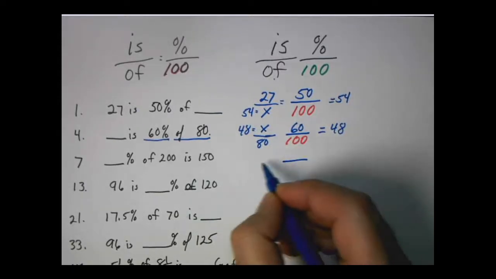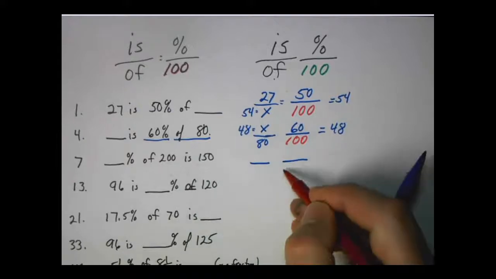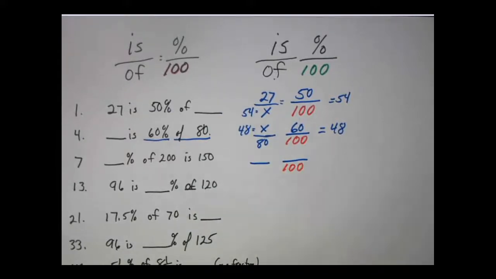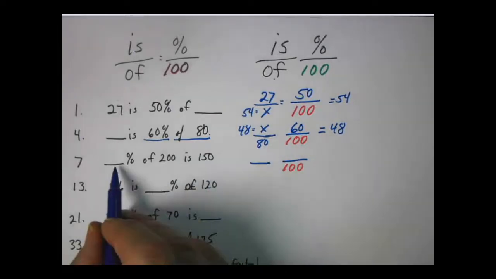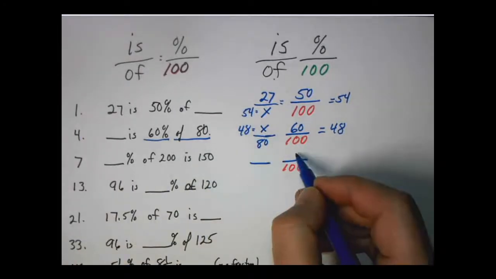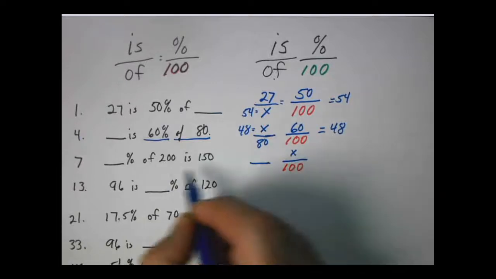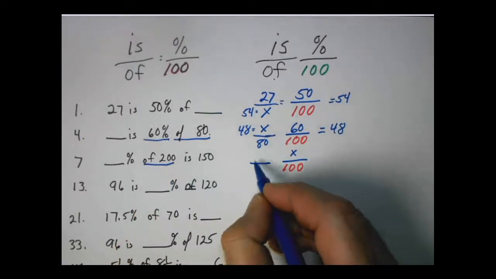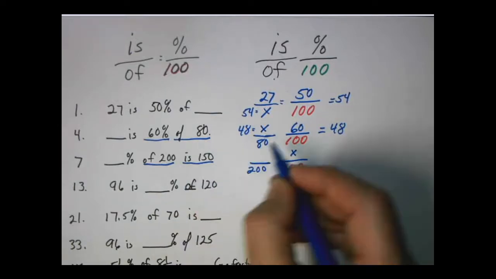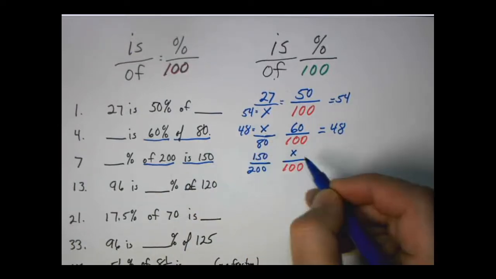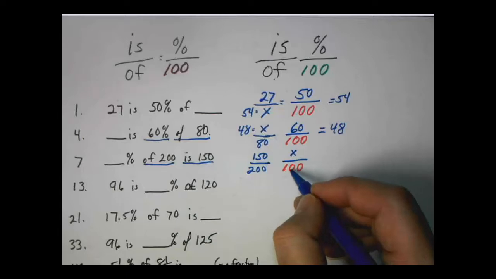Okay. Again, next problem. Never give you the 100. Plug it in. You don't have to change colors. I just do it to show you. So I'm looking for blank percent. So the percent is blank. Of 200, ofs are on the bottom, is 150. Okay, so what do they do to 200 to get 100?